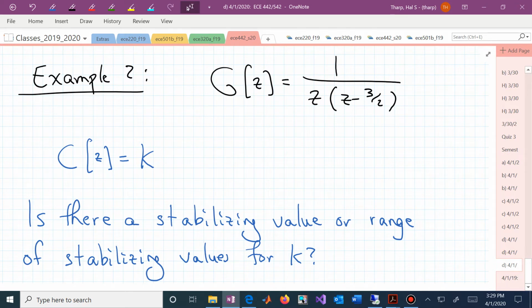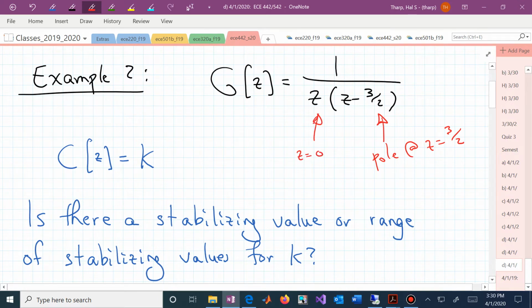Can we find some gain K that will stabilize that system? I hope you can see that in fact this system has one of its open loop poles at 3/2, the other one is at 0, but all it takes is one bad apple to spoil the whole bushel. And here we have 2 apples, or 2 poles, in our open loop transfer function.